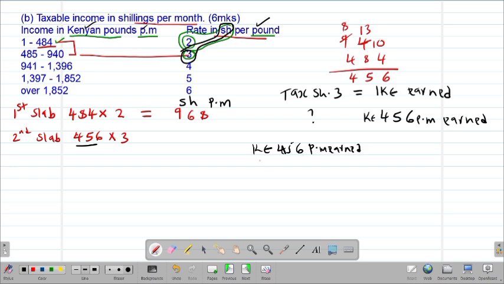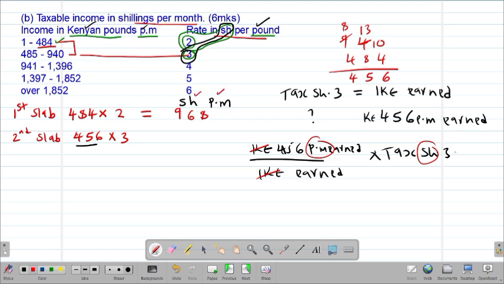Then you're going to divide by 1 Kenyan pound that is being earned. Then you multiply with a tax of 3 shillings that is being deducted. So clearly you can see that the Kenyan pounds will cancel out. So our answer will remain in shillings per month, which is the same as these shillings per month.